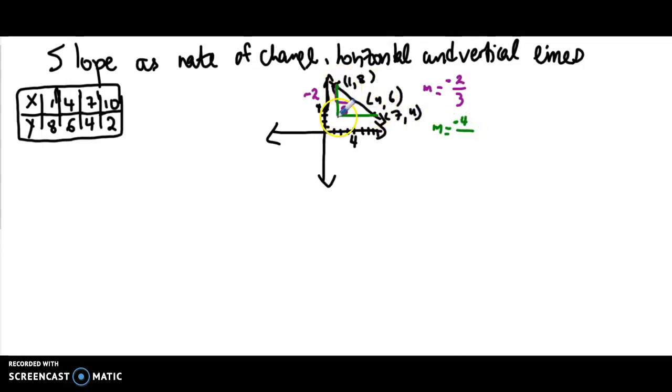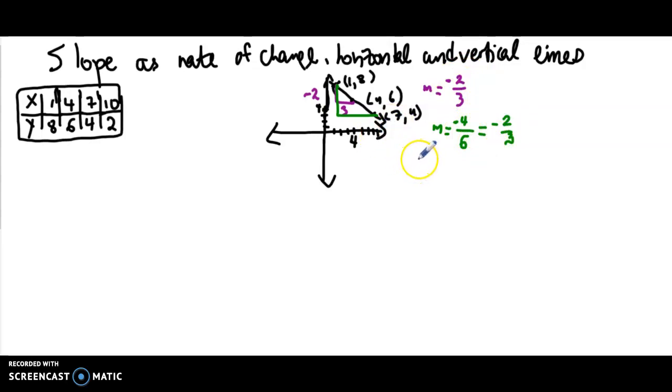And I'm going to go from 1 all the way to 7. 1 to 7, I'm going right, so it's 6 units. So this is my slope, and you can clearly see that I can reduce that by 2, and guess what? I'm getting -2/3 again. So this is the slope of this line by using the slope triangle.